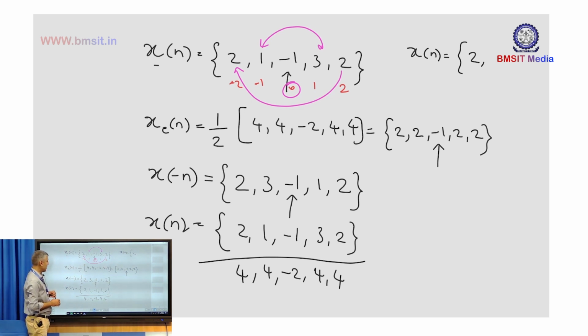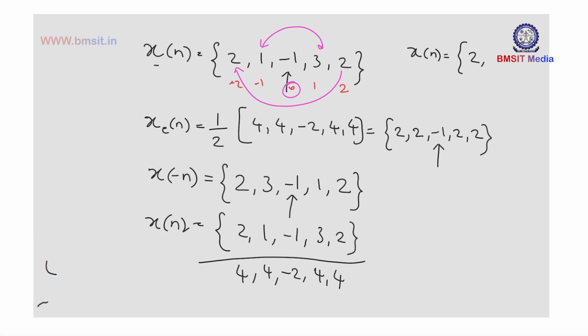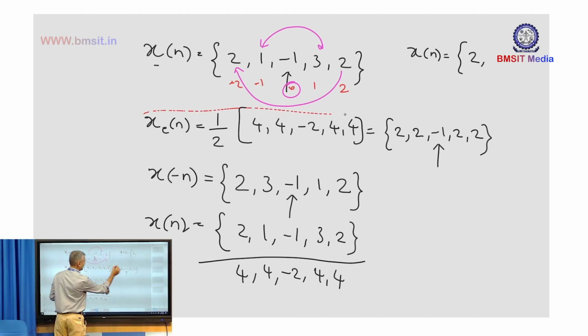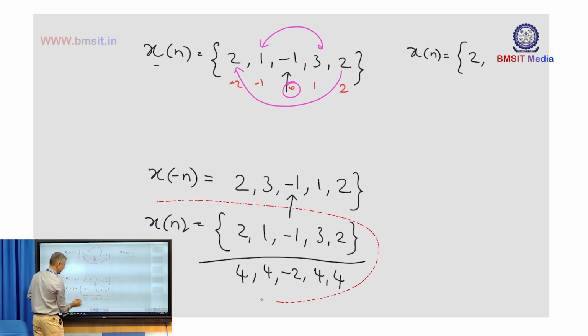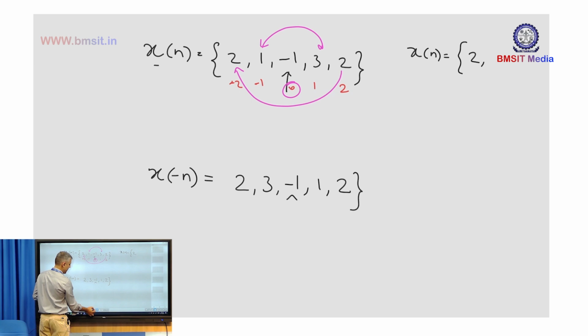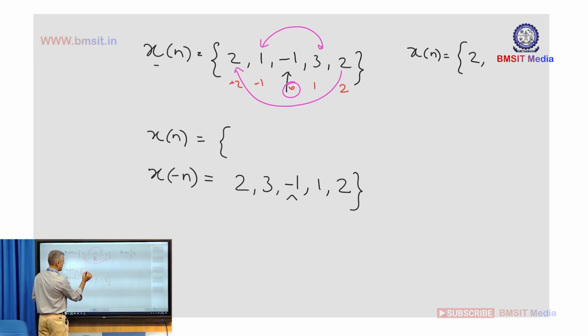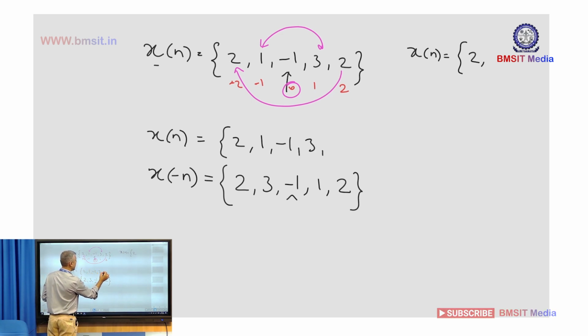On the same lines, let us now try to obtain the odd component. In order to obtain the odd component, I shall first remove this. The given signal is x of n. Once again, the signal is 2, 1, minus 1, 3 and 2.